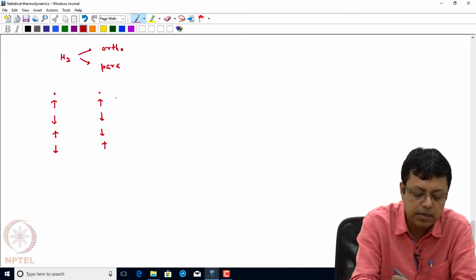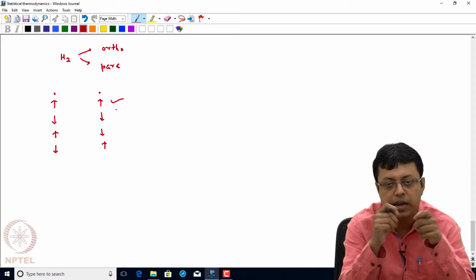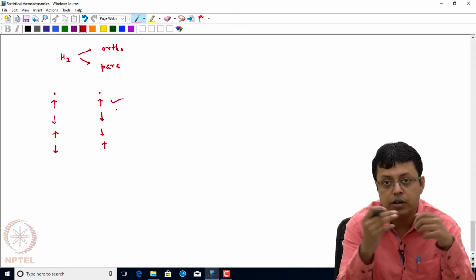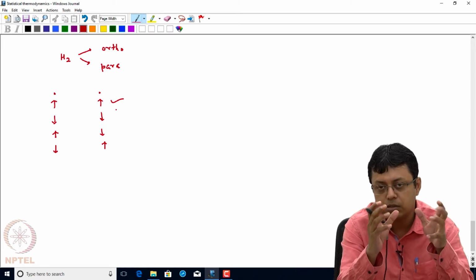And what are those 4 states? You can see that after interchange of any 2 nuclei, the total wave function should be considered. First let us focus on the spin part.